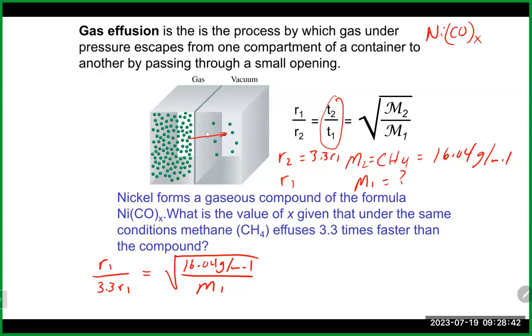Although we don't know the actual rates, we do know that these two will cancel, and that gives us 1 divided by 3.3, which gives us 0.30303 equal to the square root of 16.04 over our missing one. To get rid of the square root, I need to square both sides, right? So I'm going to square both sides to do that.